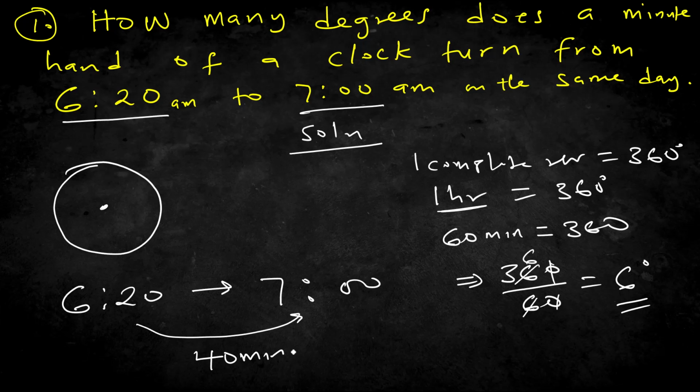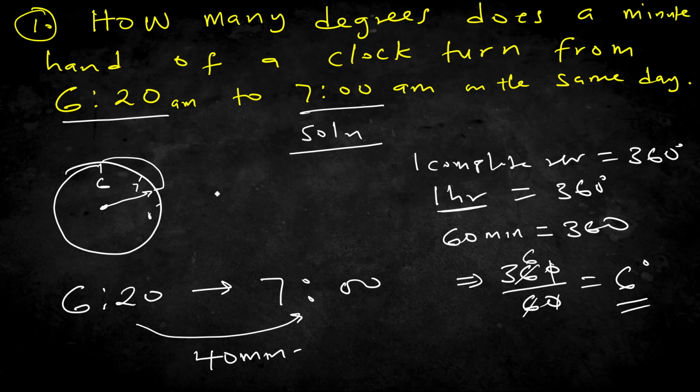So this side is 6 and this side is 7, and 6:20 is somewhere here. So from this side to this side is what we mean.